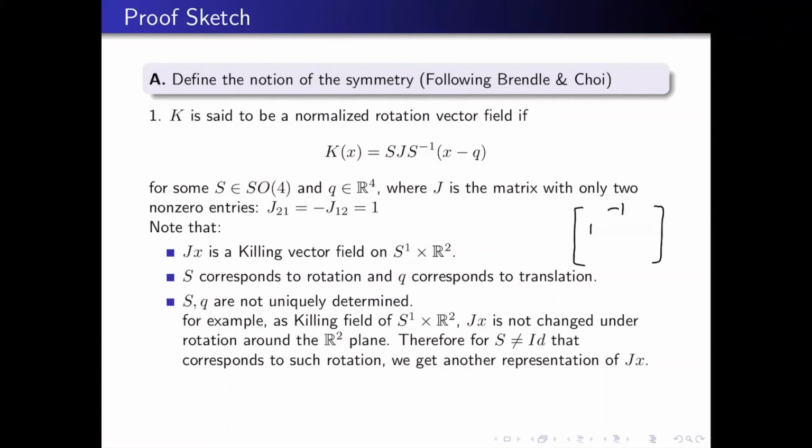But we are able to choose such a rotation and represent it by a non-trivial SO(4) matrix S. So then by choosing this S, we can get a different representation of Jx, which is SJS inverse x. But this is really just the rotation along this S1, and this should not be changed.